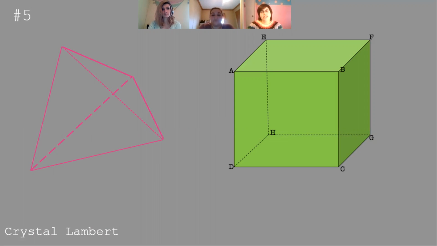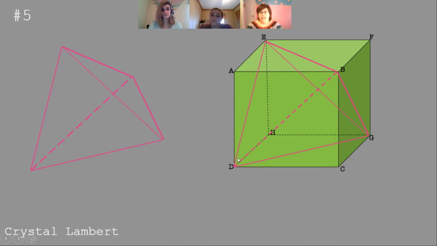But our problem says we want to put it in this box where none of the faces are flush. We don't want any of the faces to touch, or we don't want the edges to lay flat against each other. And this is what we have. If you look at our dotted lines really closely, line segment D to E is not lying flush with any of the edges of our box.